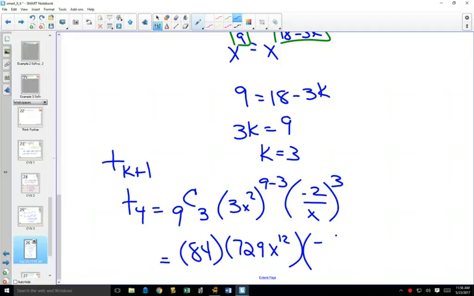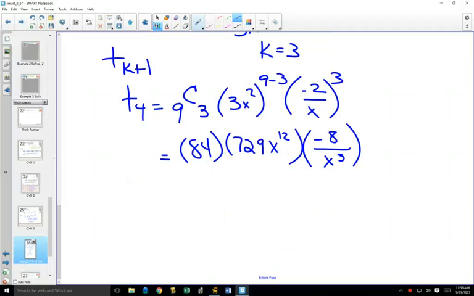Negative 2 to the power of 3 is going to be negative 8 over x to the 3. Now, when we multiply all of our coefficients together, and this is why we do them all separately, we make sure that we can keep our negatives. This isn't subtracting. This is going to be 84 times 729 times a negative 8.